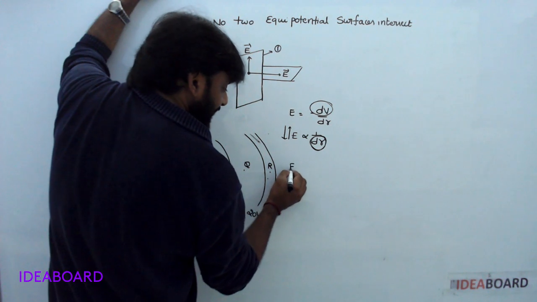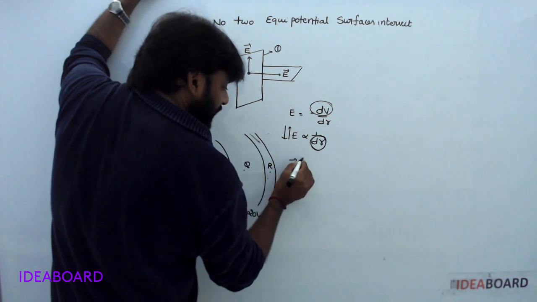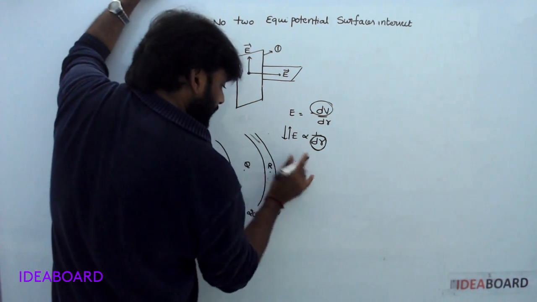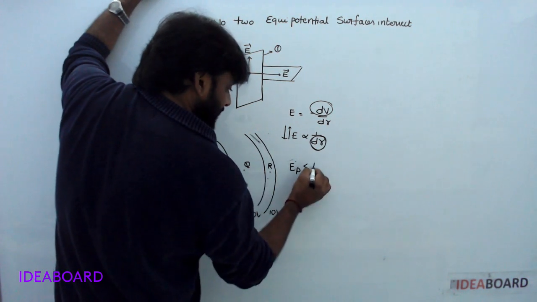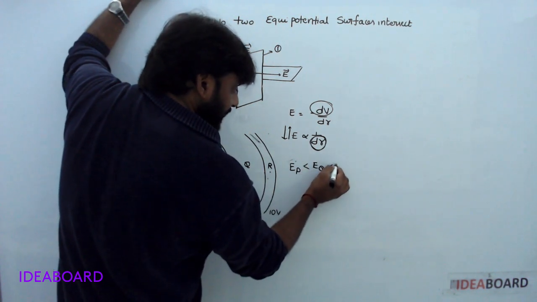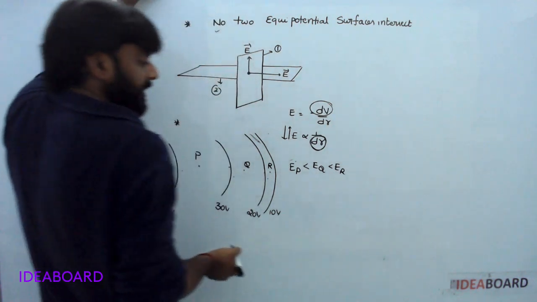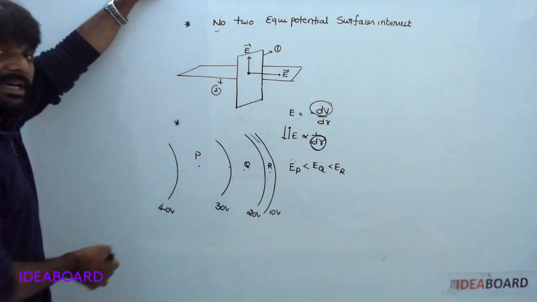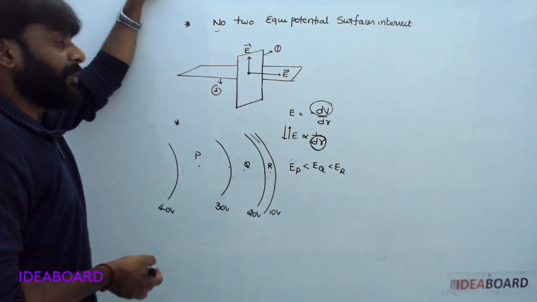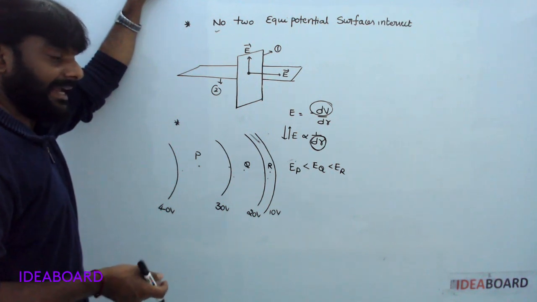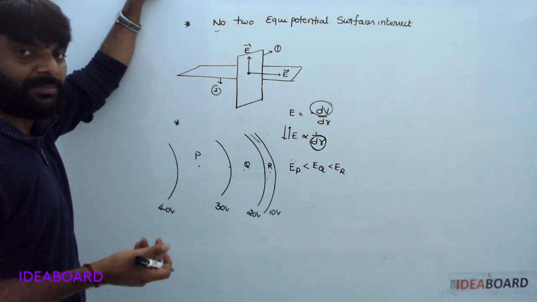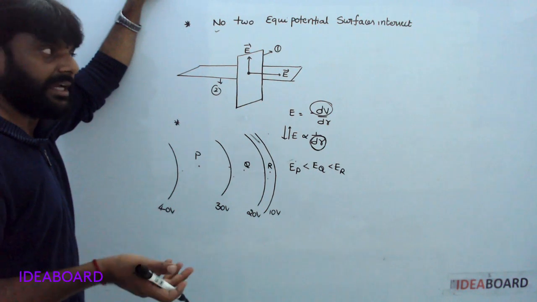So, considering the magnitude of the electric field intensity, E_P is less than E_Q, which is less than E_R. Understood? The space between the equipotential surfaces represents the electric field intensity nature, that means it is strong or weak.